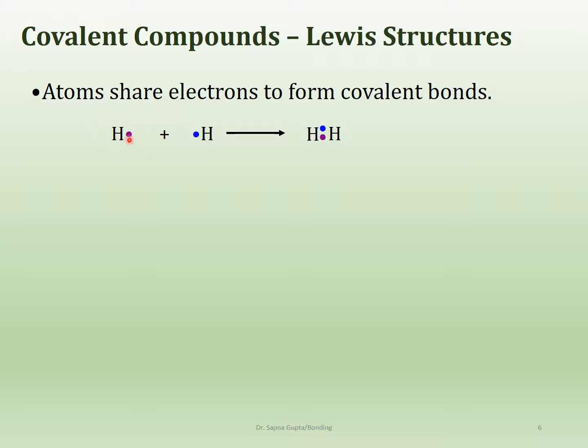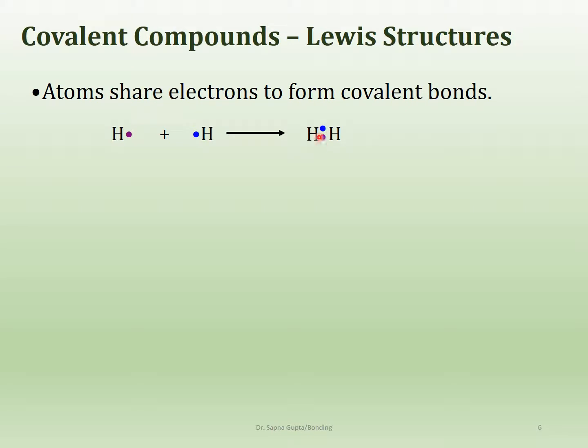So hydrogen needs 1 more electron to have a stable configuration. We don't say octet for hydrogen, we say a duet for hydrogen because it cannot have 8 electrons, it can have only 2. So it needs 2 electrons to reach helium, which is the noble gas configuration. And so what it does, it finds another hydrogen which also has 1 electron, and then both of them share that electron.